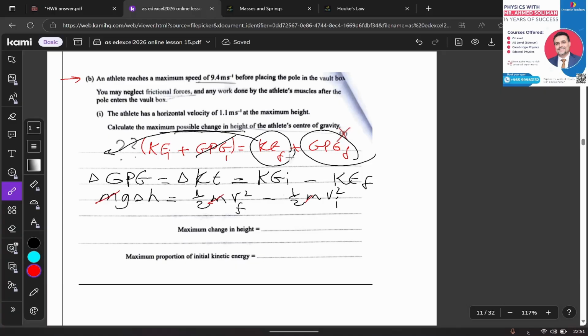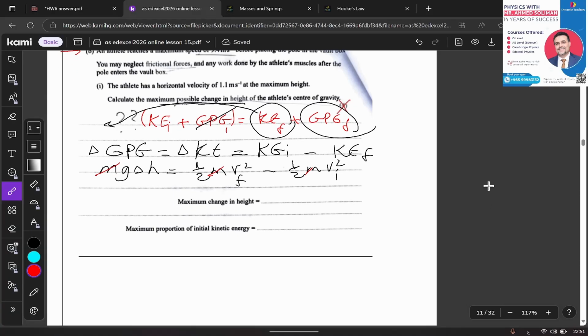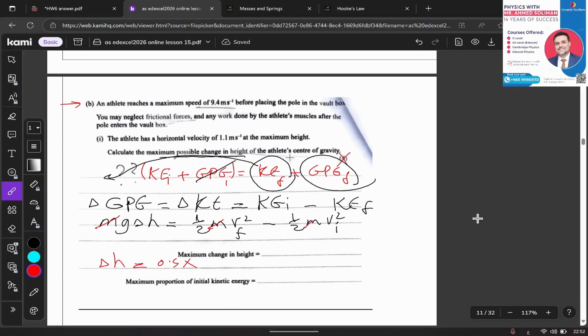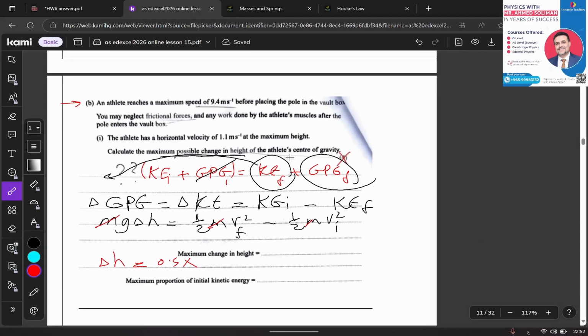Okay, let's continue. Delta h equals half multiplied by, initial minus final.